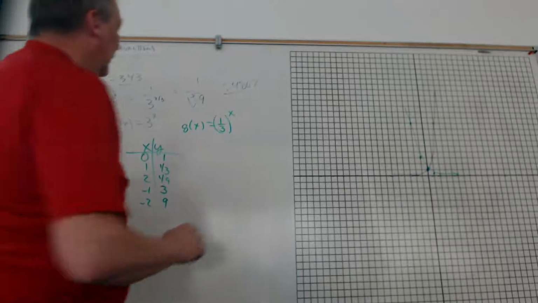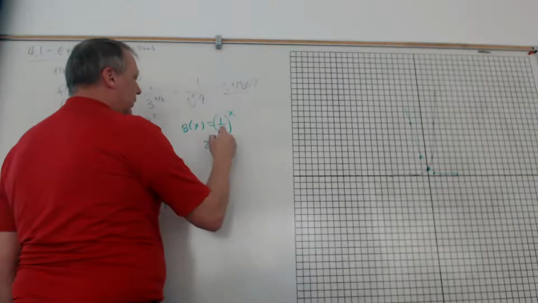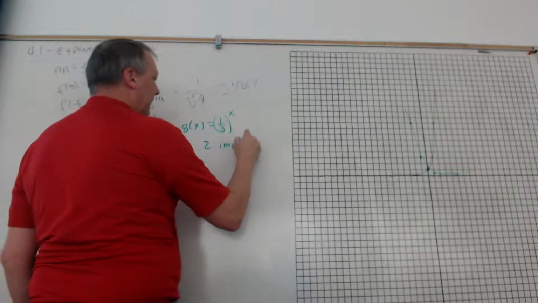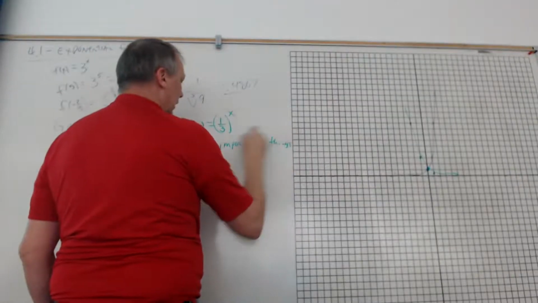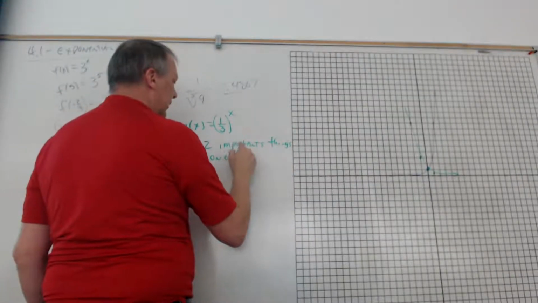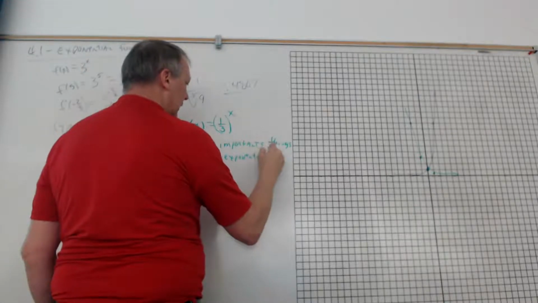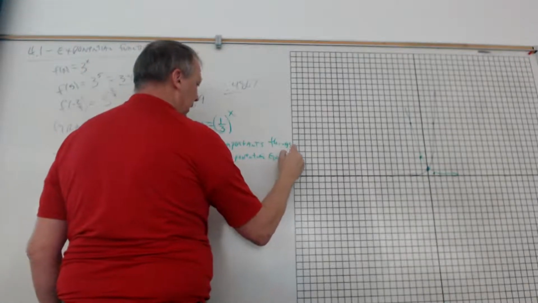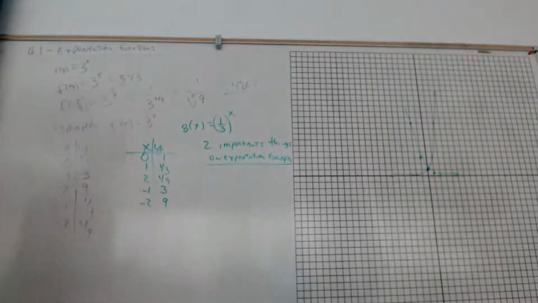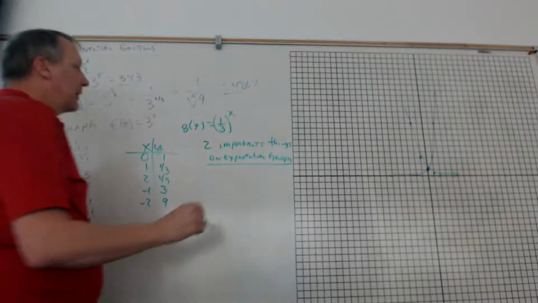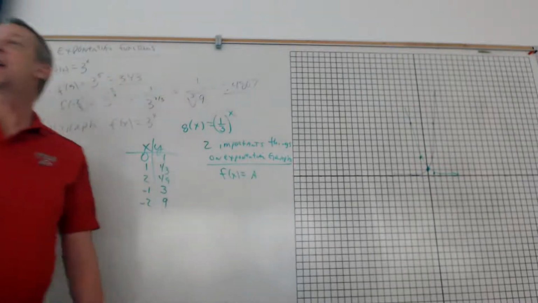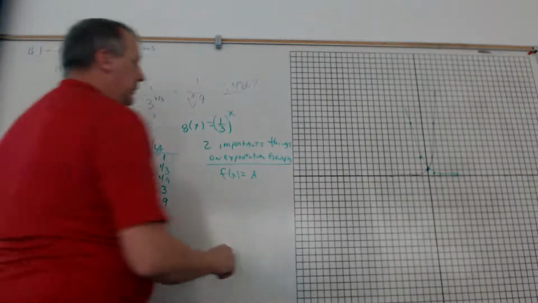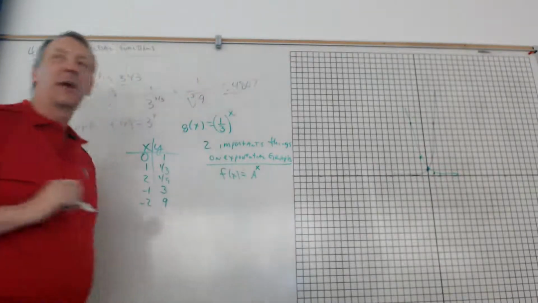All right, I'm going to summarize here. There's 2 important things on exponential graphs. I was trying to decide if I should pick another base 3 or something, but at any rate, the 2 important things on f of x equals, and I'm going to just put some letter a, which can represent any number that's going to be your base, raised to the x power.